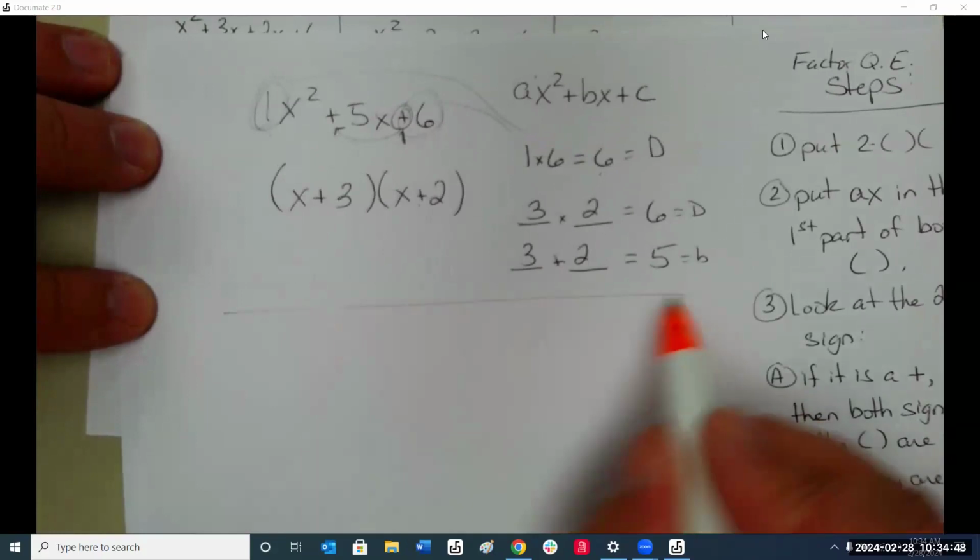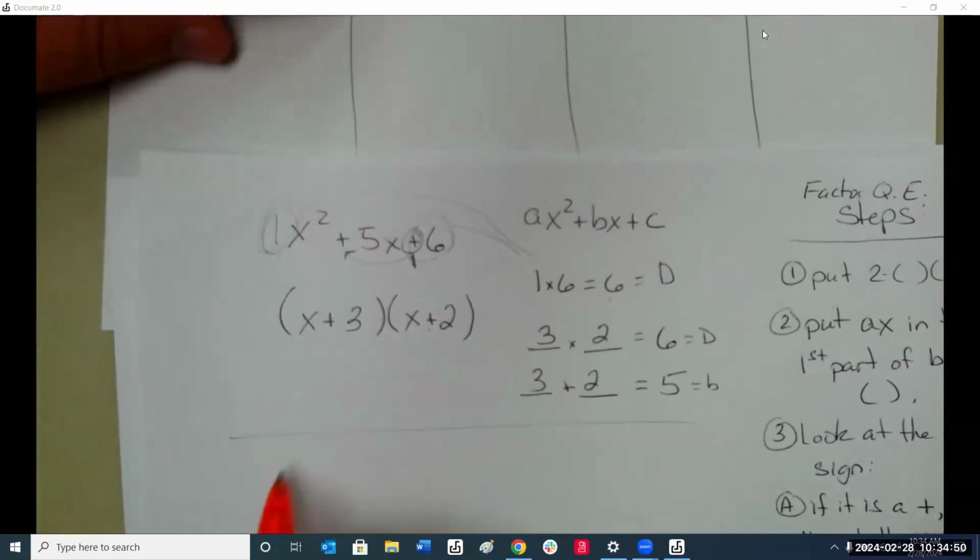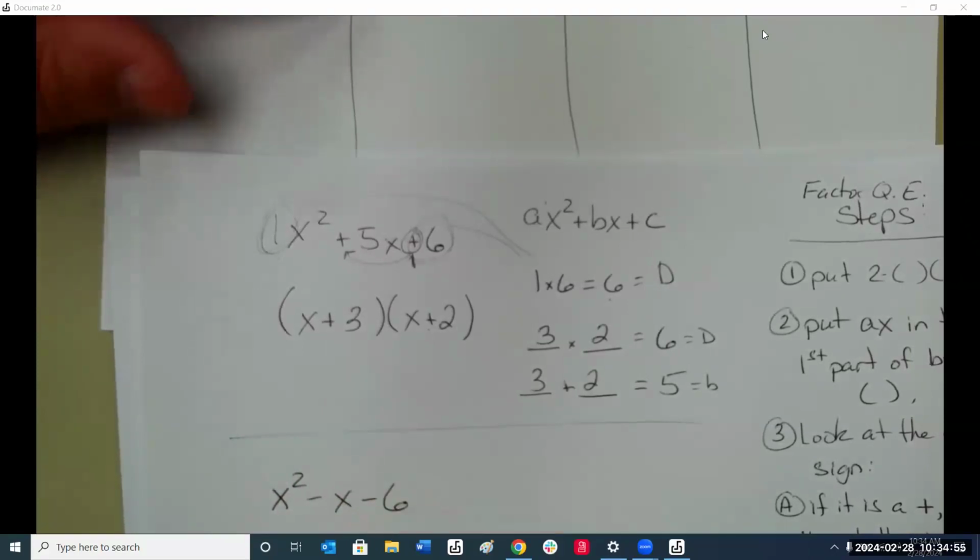Okay, let's look at the next one. The next one was x squared minus x minus 6.